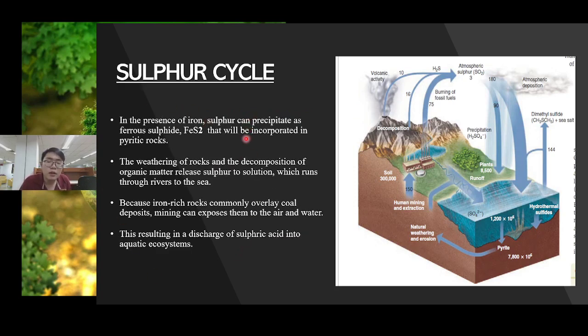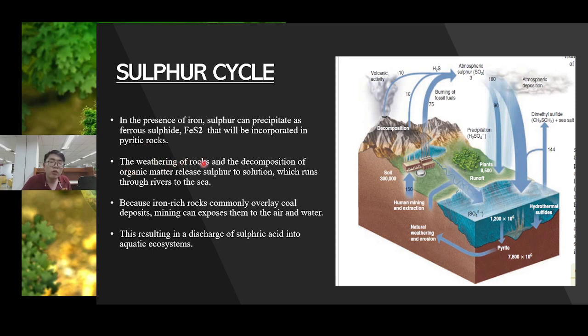Next, the precipitation. In the presence of iron, the sulfur can precipitate as ferrous sulfide, FeS2, that will be incorporated in pyritic rocks. So if the atmosphere or the land has iron, it will precipitate as FeS2, and then incorporate together to form pyritic rock.